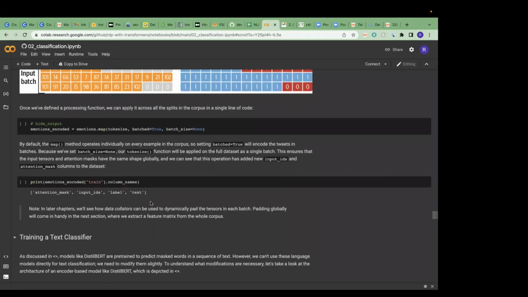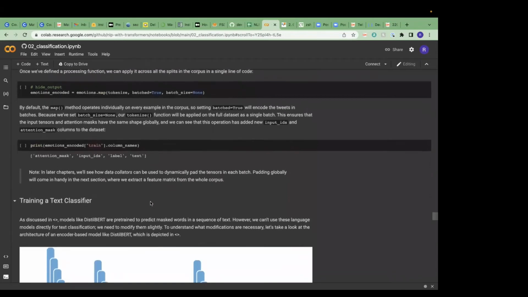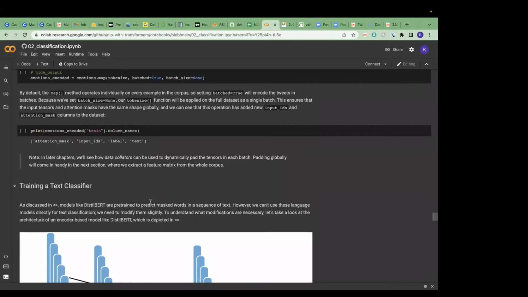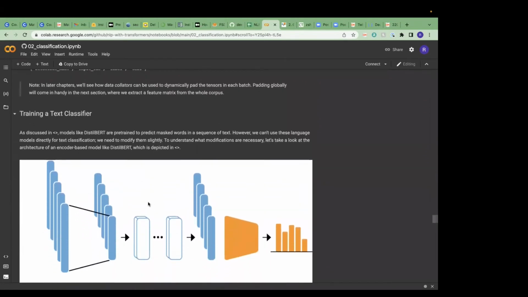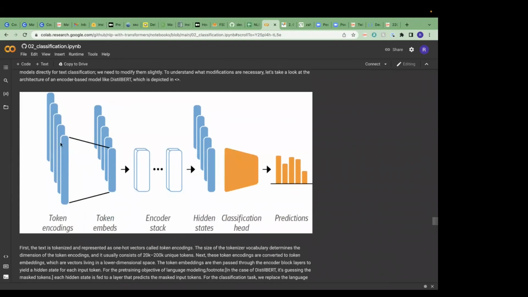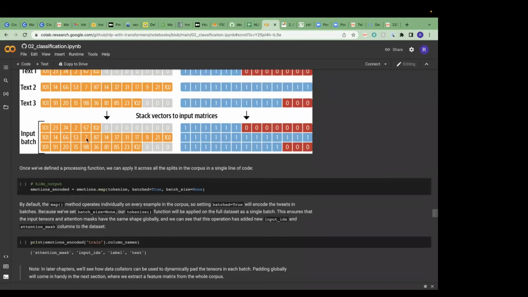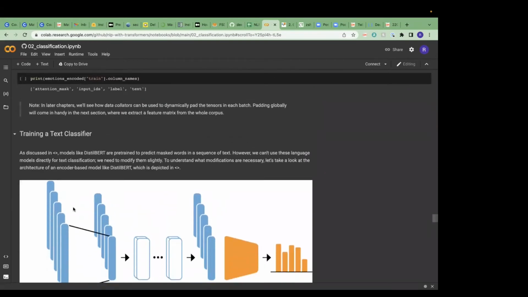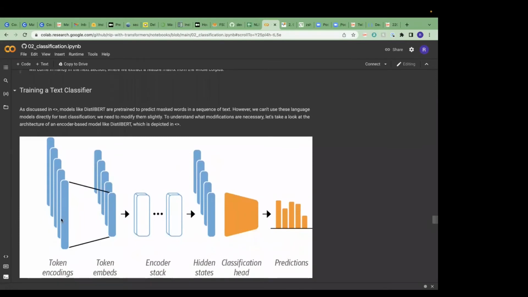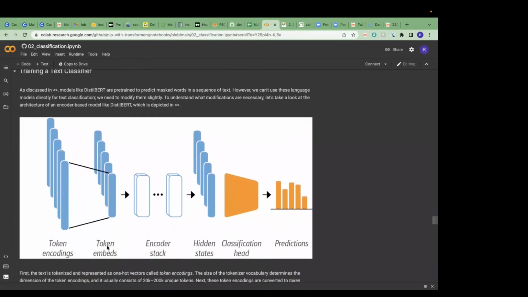So once the data is tokenized to be the same length, the next thing would be to train a text classifier. You have your token encodings, which we found earlier. And then there are token embeddings, which is something that DistilBERT, I believe, already includes.